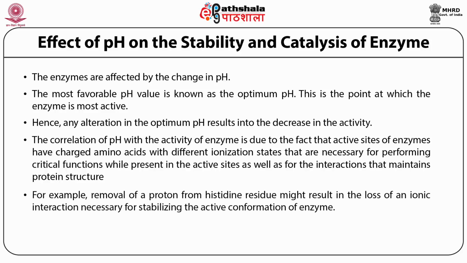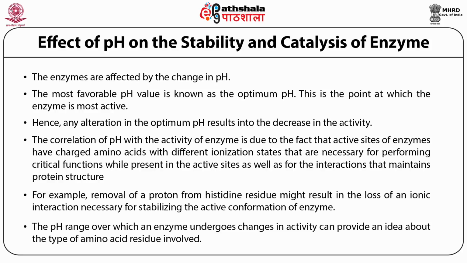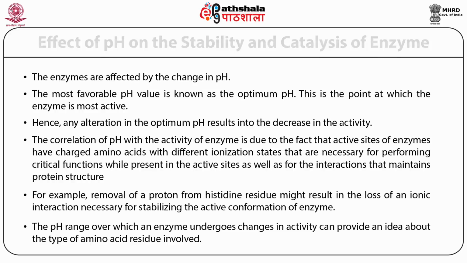For example, removal of a proton from a histidine residue might result in the loss of its ionic interaction, which is necessary for stabilization of the active site of the enzyme. The pH range over which the enzyme undergoes changes in activity can provide an idea about the type of amino acid involved in the interaction.